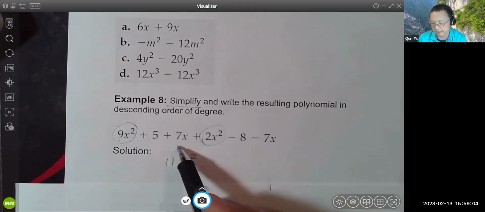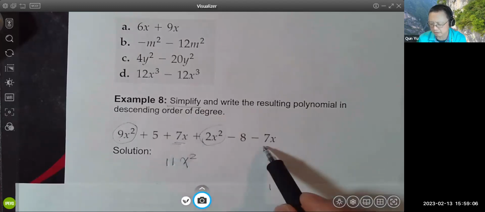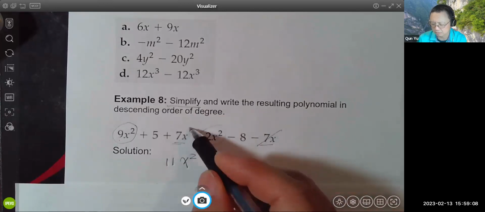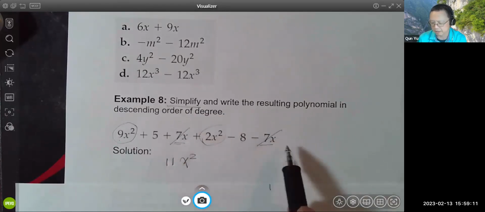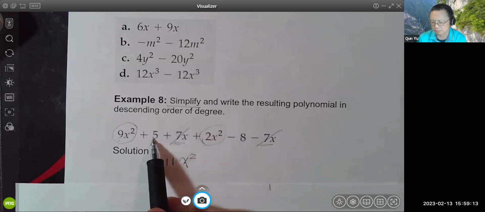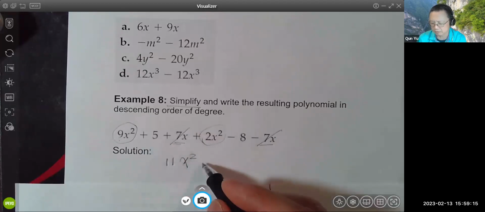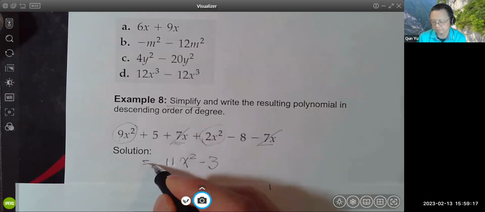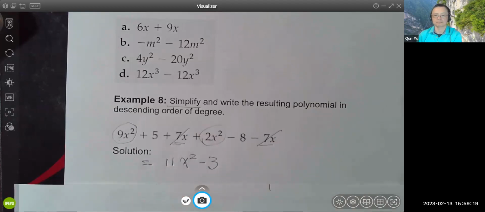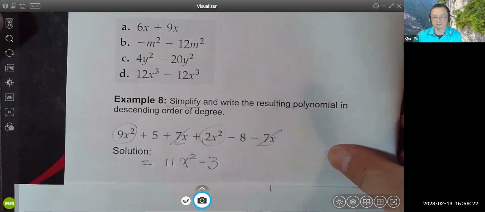Next one in line is the x term, that's plus 7, minus 7, cancelled. We don't have any x terms left, right? We only have two constant terms, plus 5, minus 8, that's negative 3. Now we have simplified it.